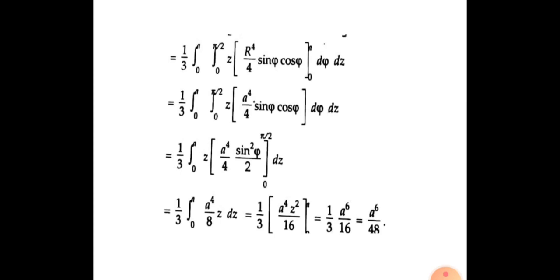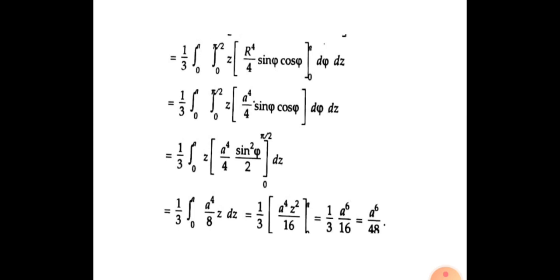Now for the integration of sin φ cos φ, we multiply and divide by 2. Here we have 1/3 into integral of 0 to a, z a⁴/4, sin 2φ/2.